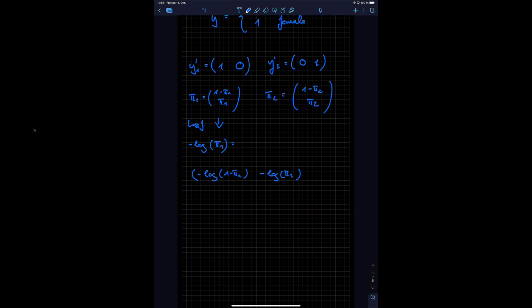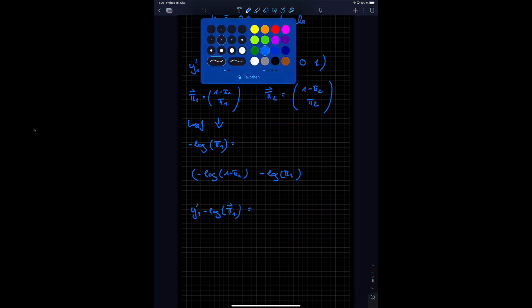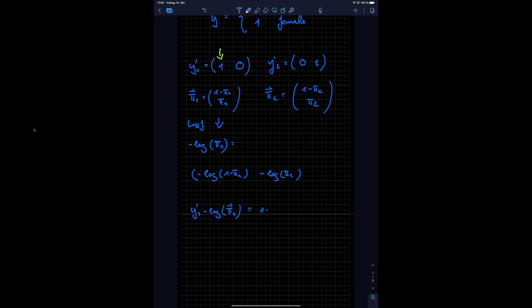Okay, now if we calculate the dot product of this vector and minus log of our probability vector, let's make this more clear by using the symbol, then what we get is, if we have the example with a male person, 1 times minus log of the probability estimation that it is actually a male person, plus 0 times minus log that it is a female person.